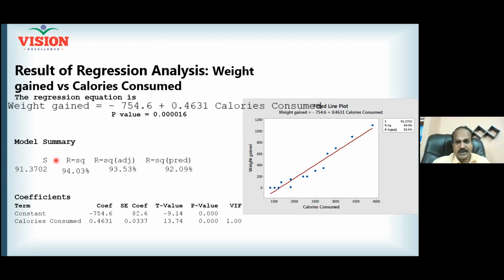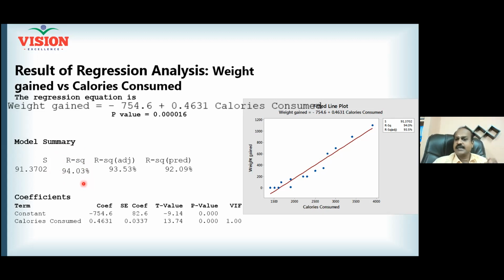And now R square. You remember R square we discussed. What is R square? Coefficient of determination. We also got this 94% by squaring the R value. Any regression equation will have this model summary where R square is an important metric. R square needs to be 90% and above.